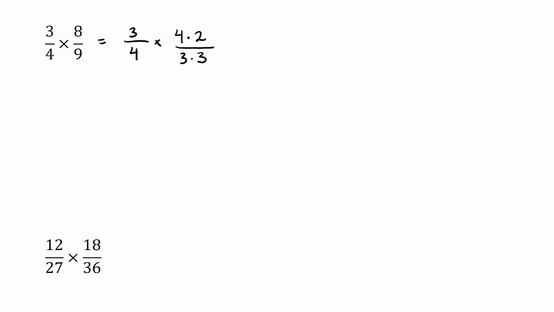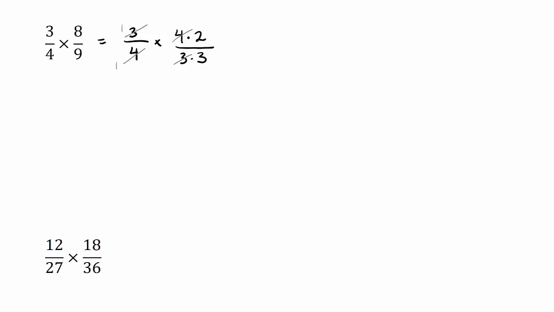And now, just like I used to do with simplifying, I can look for a number in the numerator and denominator that will divide to 1. And so I can see that this 3 divides by this 3 to give me a 1. And then this 4 divides with this 4 to give me a 1.